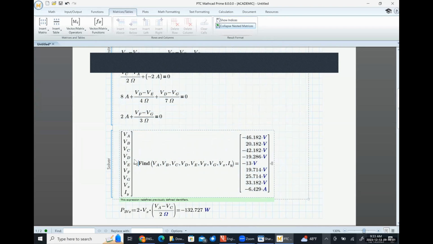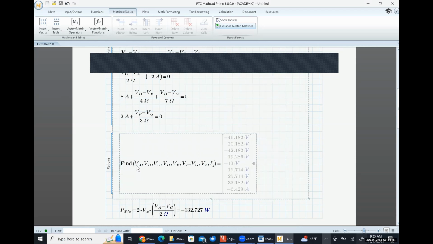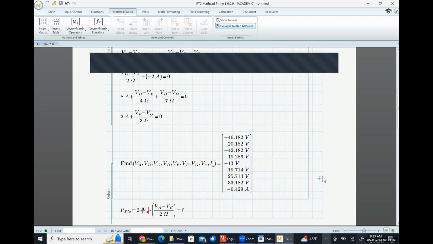Now, just for illustrative purposes, copying it. So I'm going to delete this matrix. And now it doesn't know what any of those variables are. So unless we store them in that matrix, they can't be used outside of the solve block for any subsequent calculations. So that's the purpose of storing everything in that matrix.